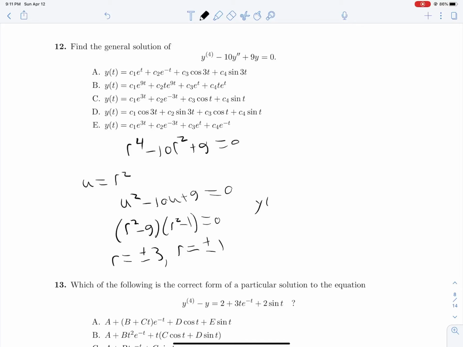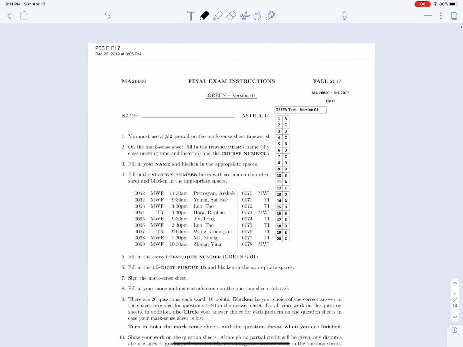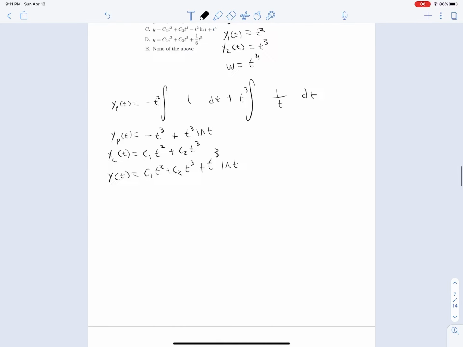So our y of t should give us c1 e to the 3t plus c2 e to the negative 3t plus c3 e to the t plus c4 e to the negative t. And if we look around, I see that in option E. And 12 is E.